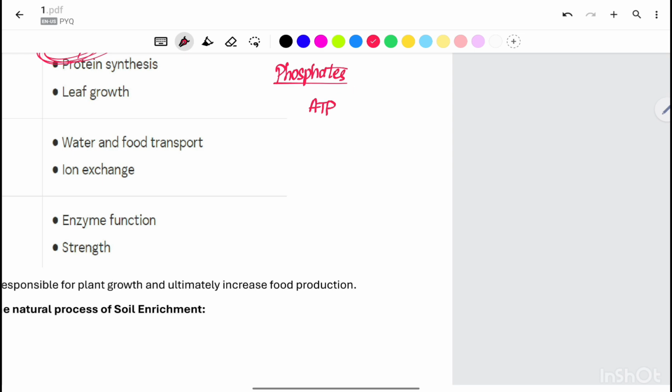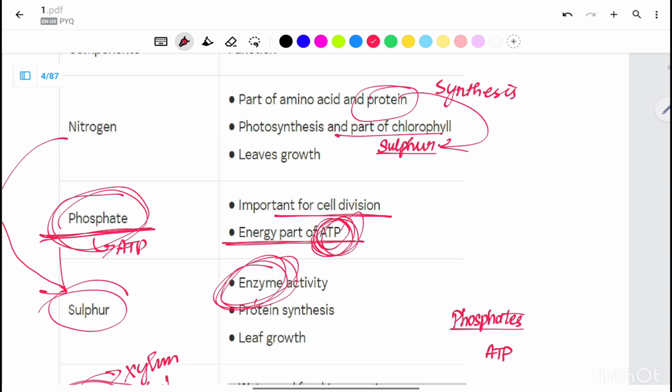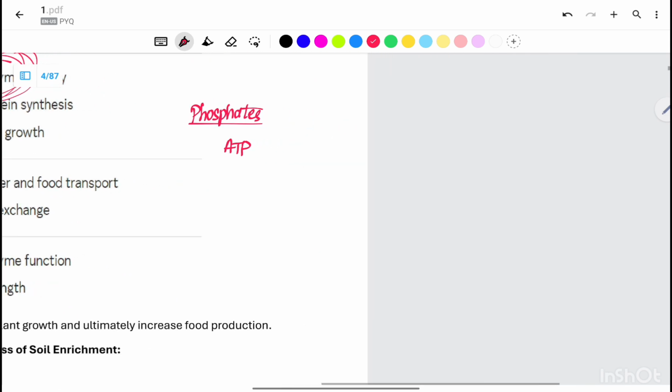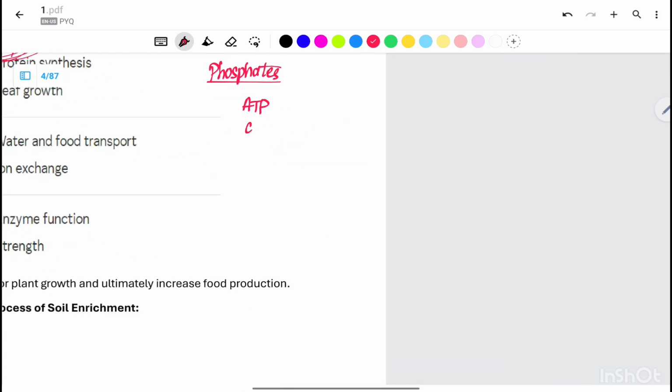They are used in the ATP for the cell. So we should remember ATP, and then the cell division. Phosphates are for the ATP and the cell division. Sulfur is for protein synthesis and leaf growth.